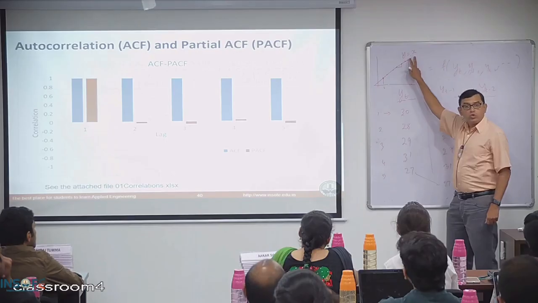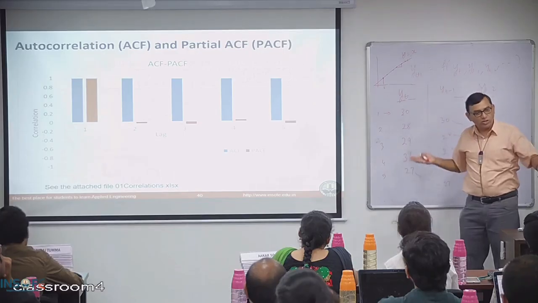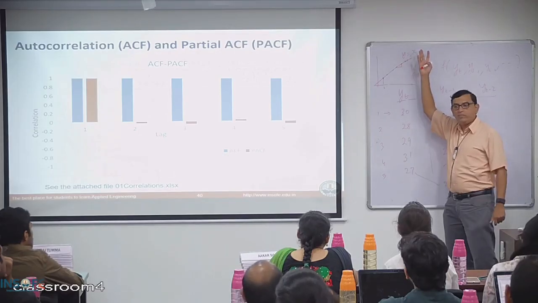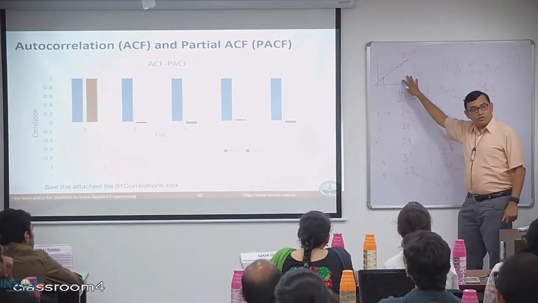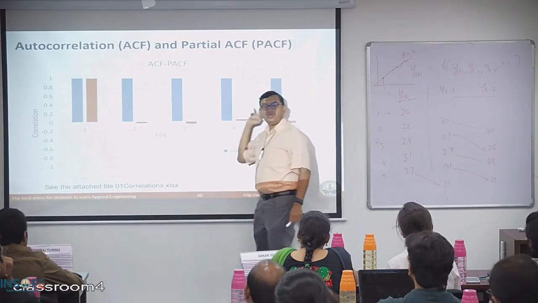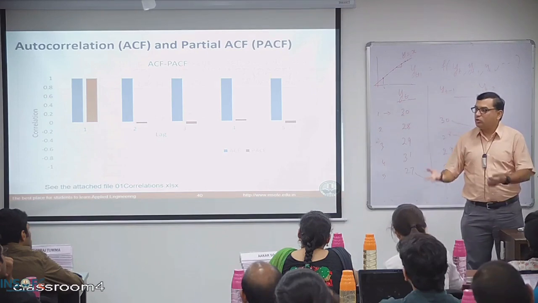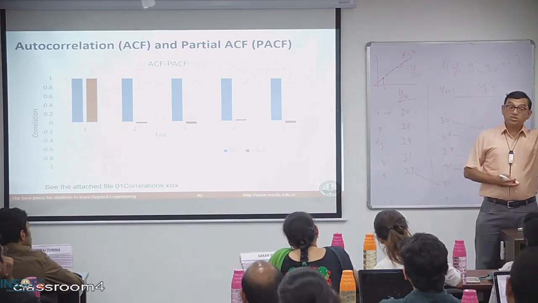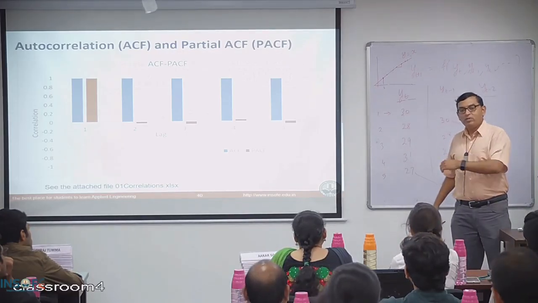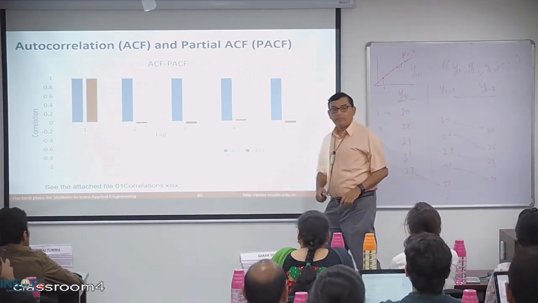So the lag 1 information had everything I needed to make the prediction. I didn't need to know how much it was 2 lags back, because once I got 1 lag and it's a straight line, that's the only information I need. So the partial autocorrelation function for this would give a very strong value at 1 and no values beyond that. It says that the 2 lag had no new information to offer other than what the 1 lag gave. We will look at different partial autocorrelation charts and then it will become clearer.